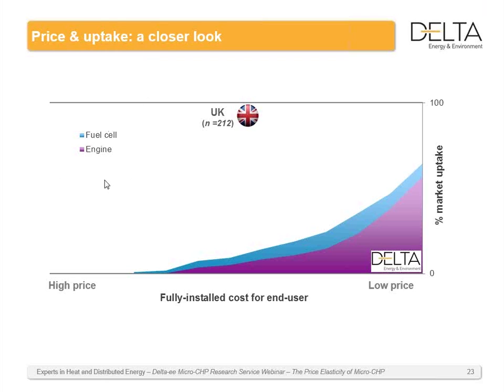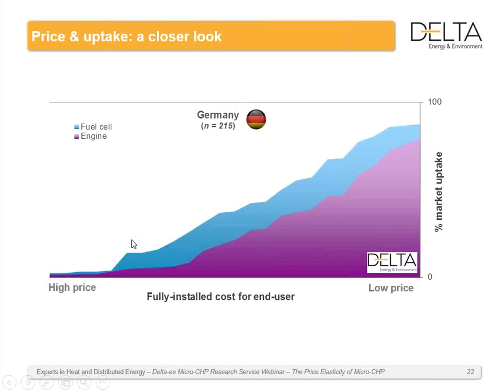Great, thanks, Andy. Yes, and we've had a question from America. Good morning, America. Did you consider internal combustion engines at larger scale in this research? Well, no, not in this particular phase of research. So I'll move back to the German slide just because there's a little bit more to look at.